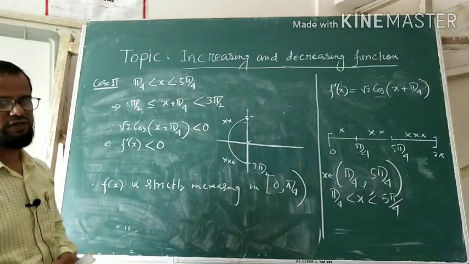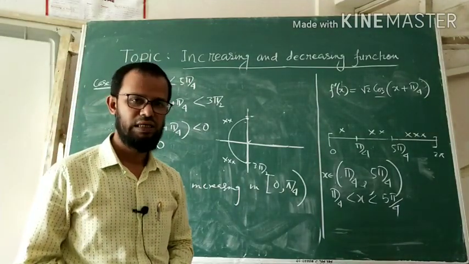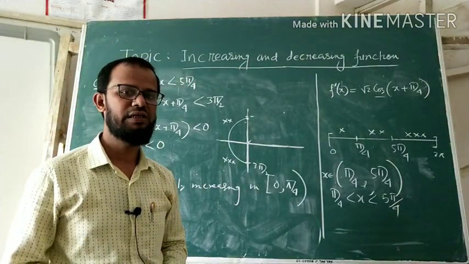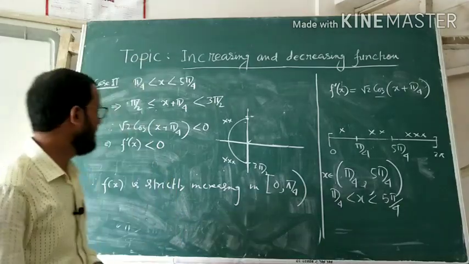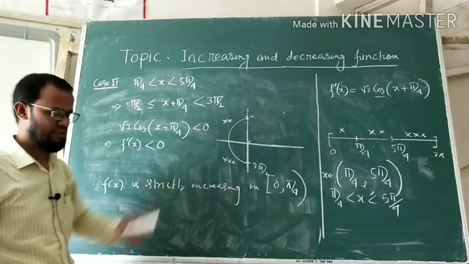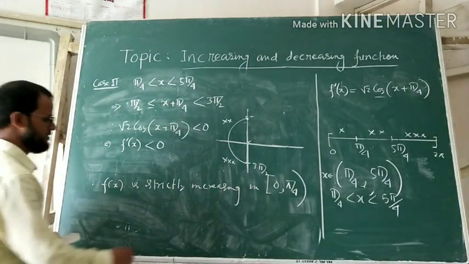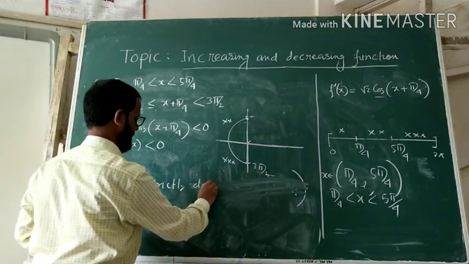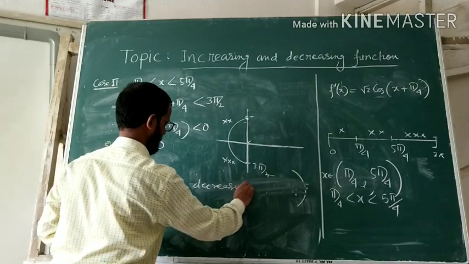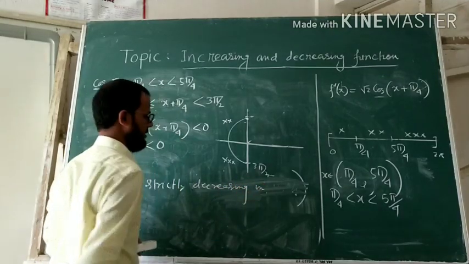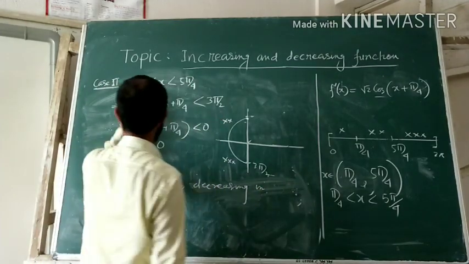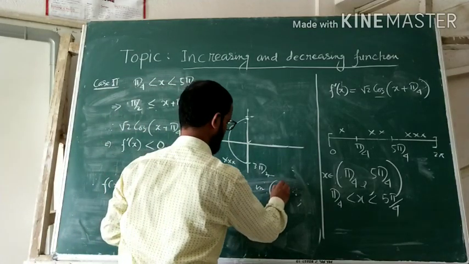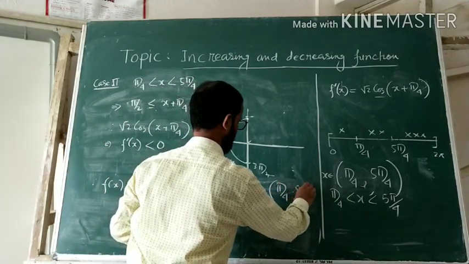And you know that f dash x less than 0 means it is strictly decreasing, in this original interval. Therefore, f of x is strictly decreasing in the open interval pi by 4 to 5 pi by 4.